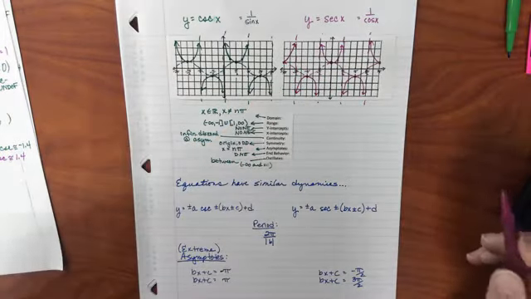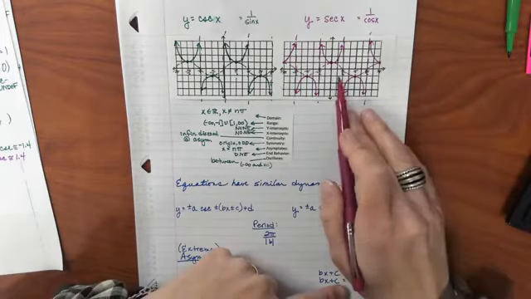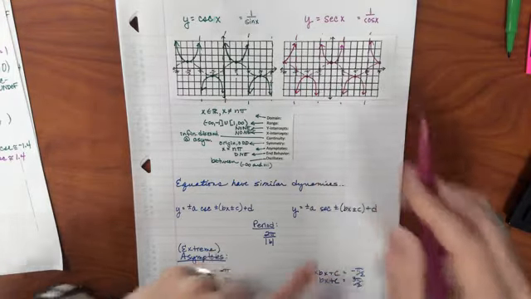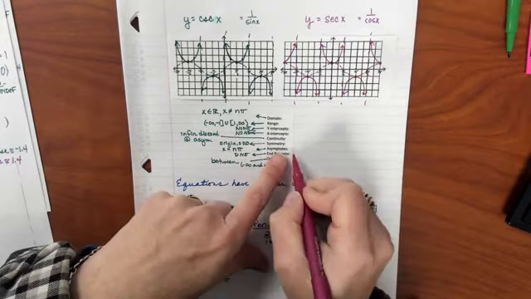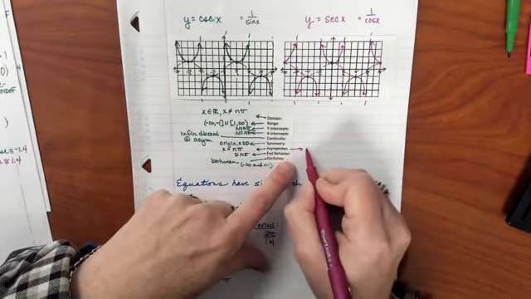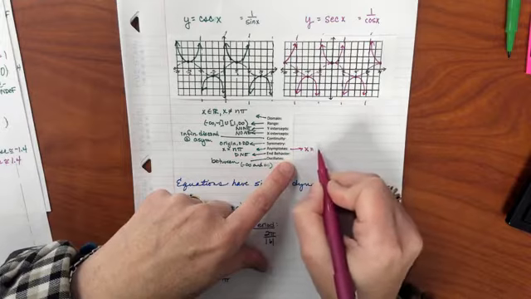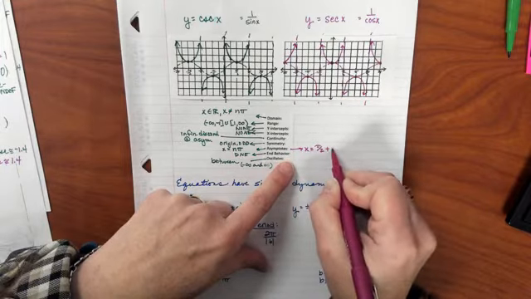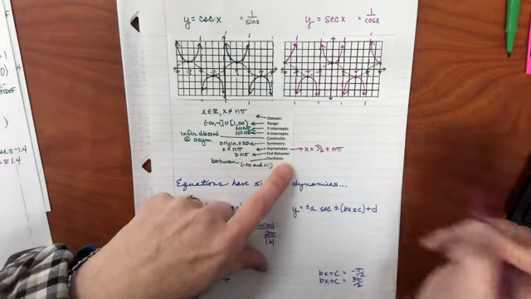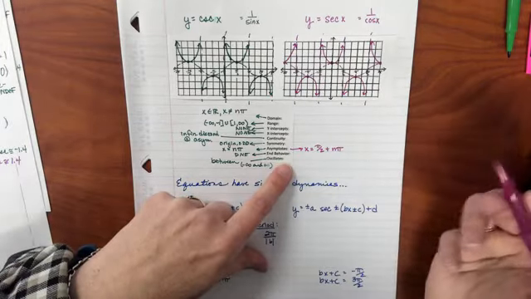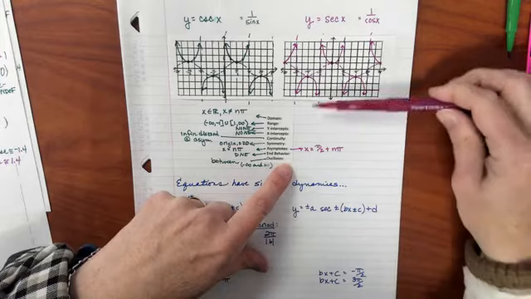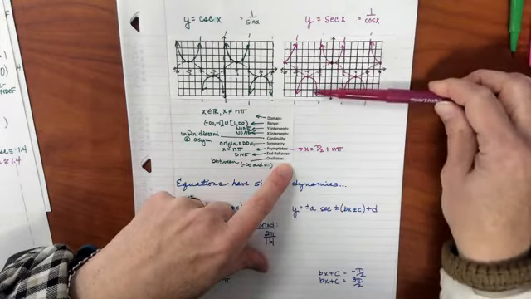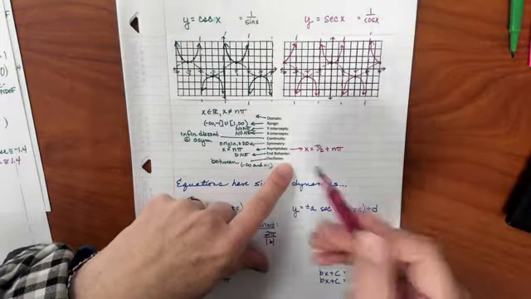Well, now let's analyze that. You see that your asymptotes now are at the pi over 2's. Our asymptotes are still vertical, and they are at pi over 2 plus a multiple of pi. And therefore our range again is only from 1 to infinity and negative infinity up to negative 1.